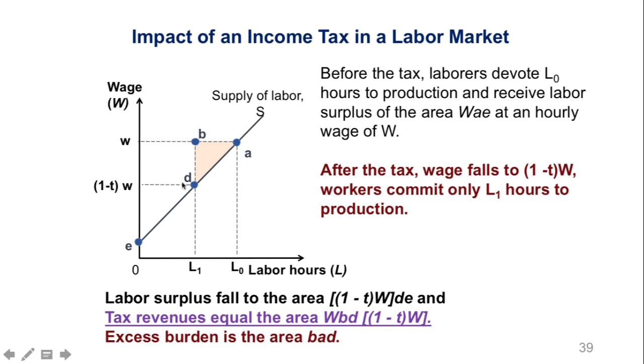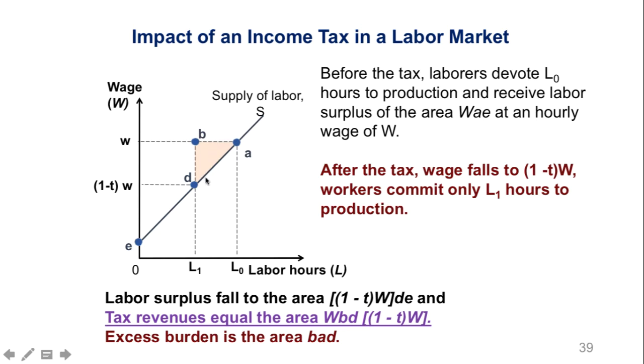So the amount WBD(1 minus T)W is the tax, redistributed to other people. But we have a triangle BAD, which is a welfare loss that nobody is gaining in the market, and we are losing this.